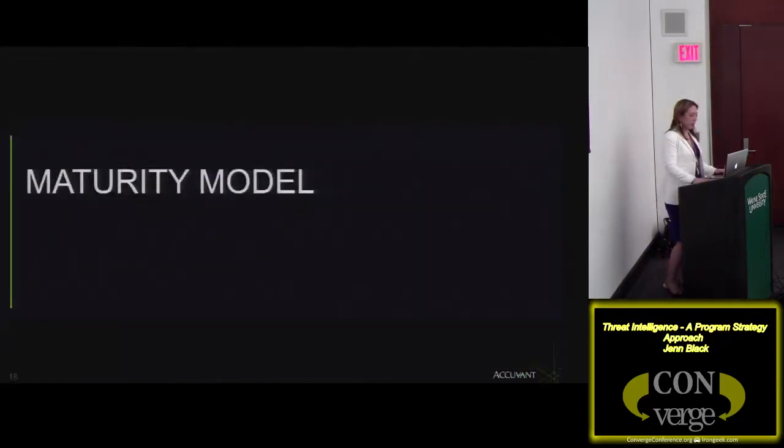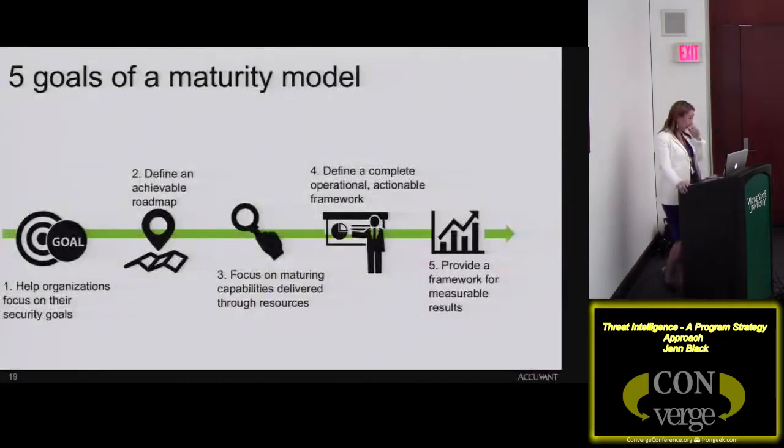So the important thing that we really are proud of with our research is this maturity model. And these were the 5 goals of developing a maturity model: to help organizations focus on their security goals, define an achievable roadmap, focus on maturing capabilities delivered through resources, and defining a complete operational and actionable framework.